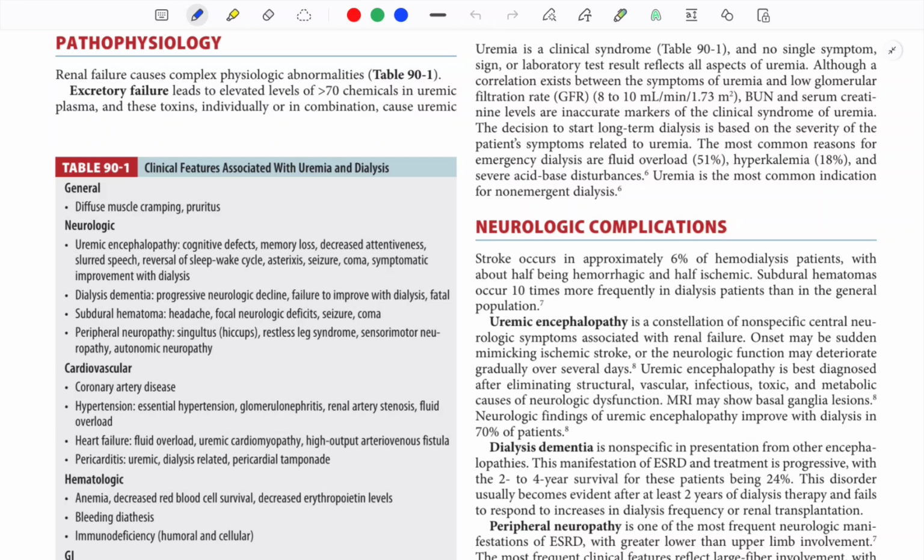Then there are increased troponin I and T, and increased BNP also in dialysis CKD patients. There is raised troponin, hypertension, heart failure, uremic cardiomyopathy, pulmonary edema, cardiac tamponade, pericarditis.